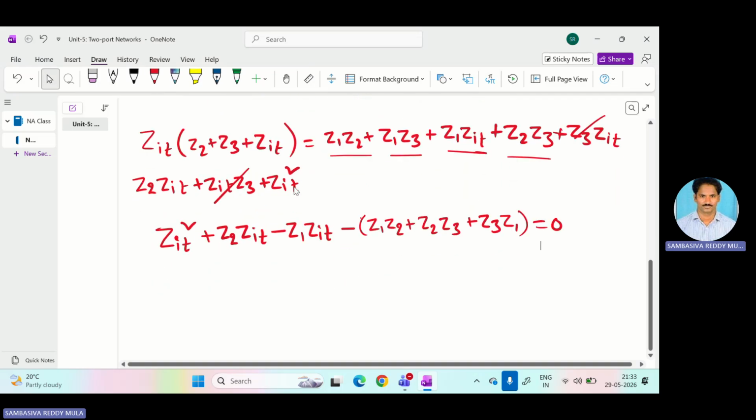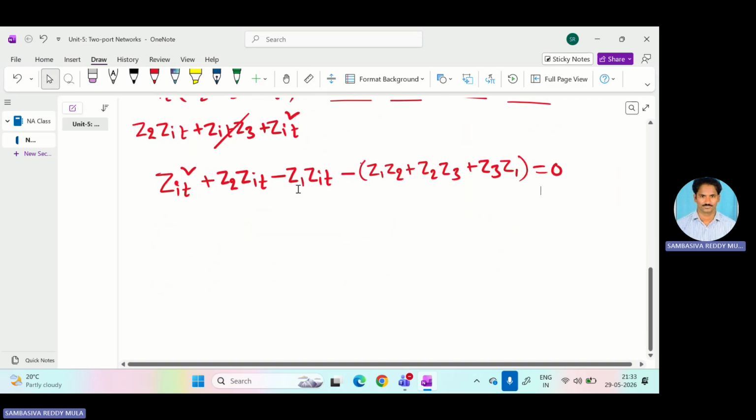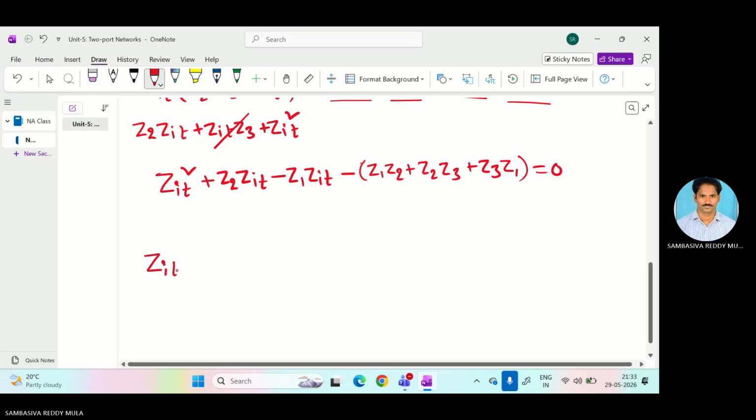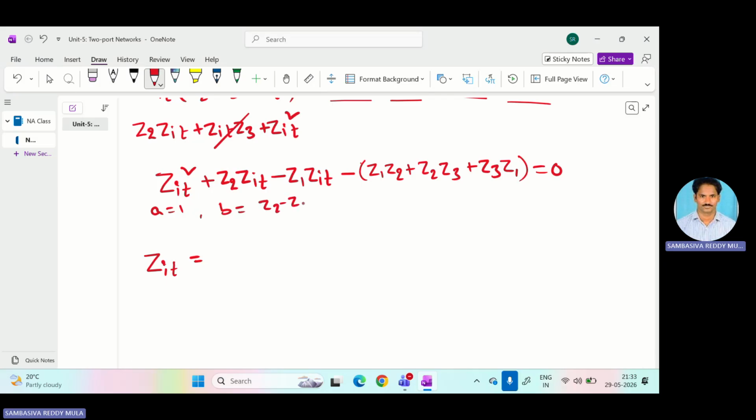So if you find the roots of the quadratic equation, we'll get ZIT. Here A is 1, B is Z2 minus Z1, C is minus of this summation Z1 Z2 plus Z2 Z3 plus Z3 Z1. So we know the roots of the quadratic equation are minus B plus or minus square root of B square minus 4AC, divided by 2A.